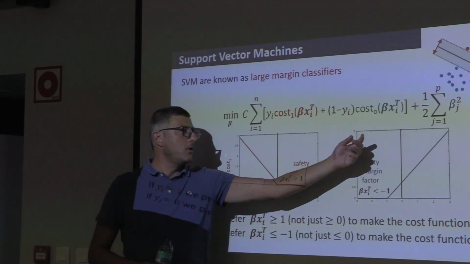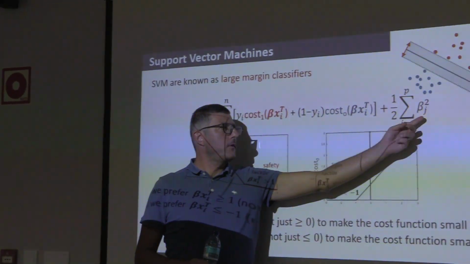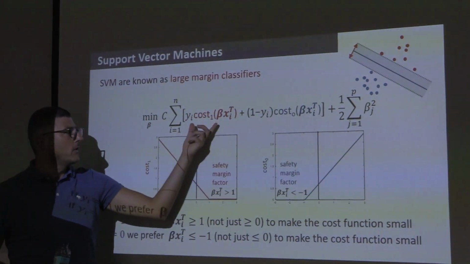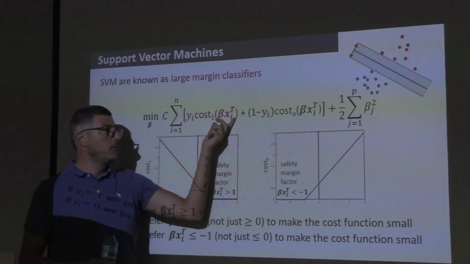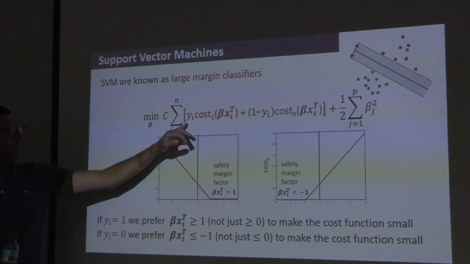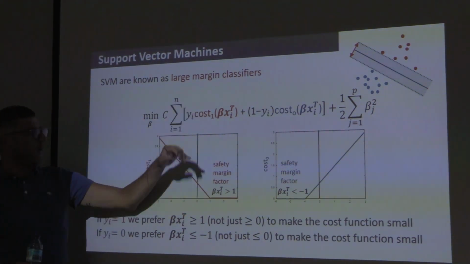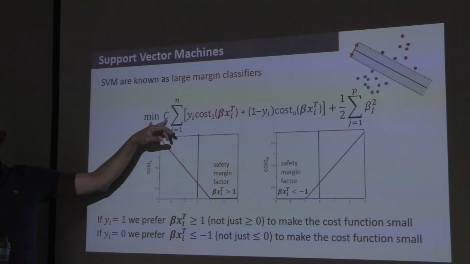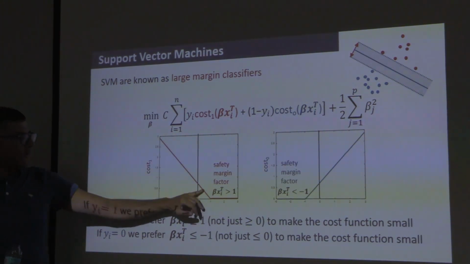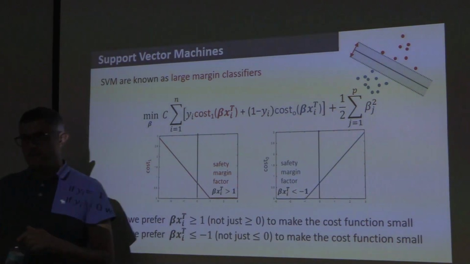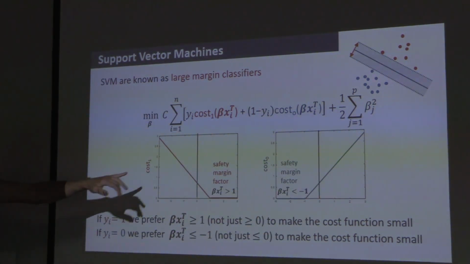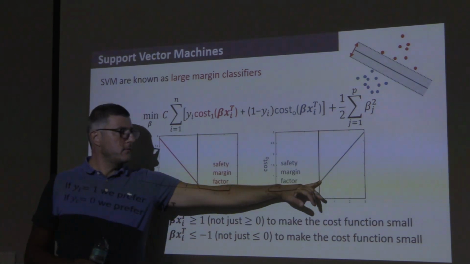Here you have the regularization term based on the coefficients. Here you have the cost of the two classes, the sum of the cost over all the samples. The C is the cost parameter. These are the two cost functions we have seen before for the red class and for the blue class.